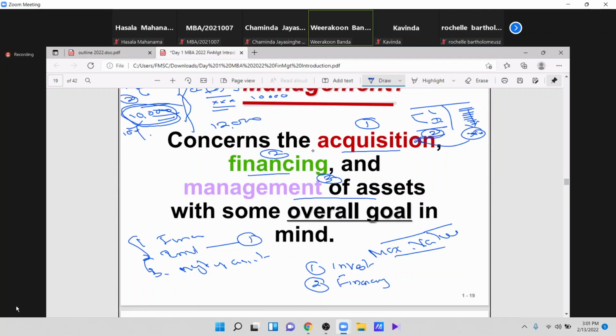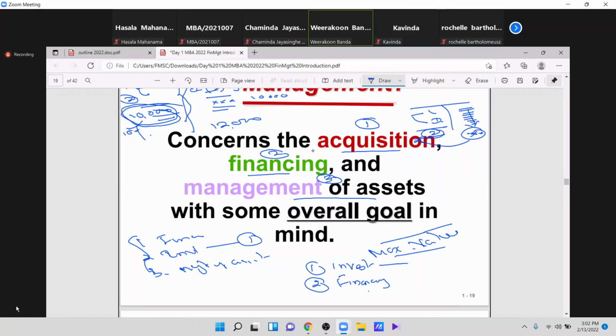So what happened to management of assets? If you consider the investment here, it involves management of assets also. Then the second is financing. Some other texts explain investment, financing, and management of assets like here.